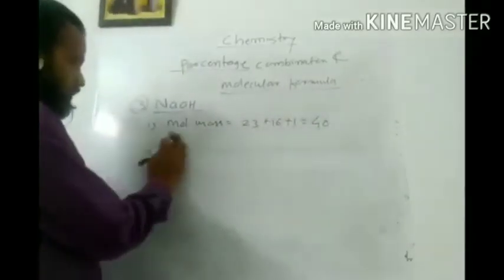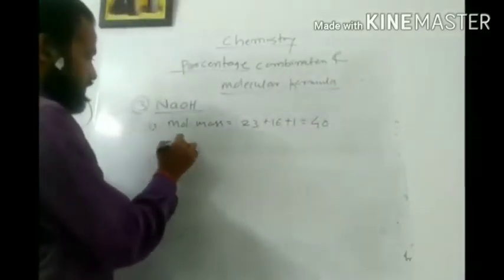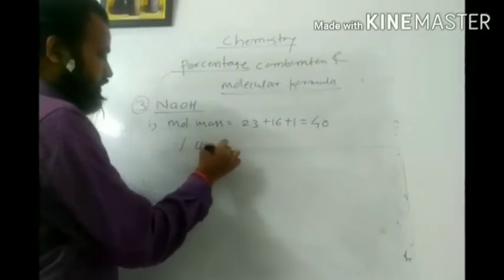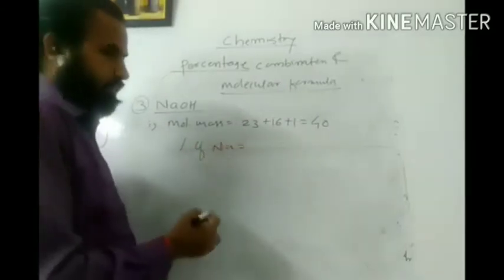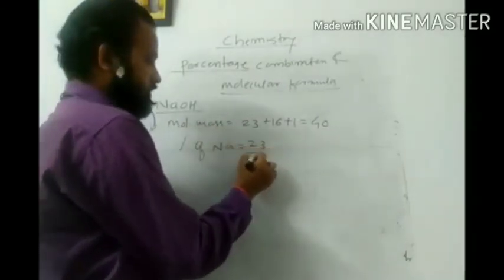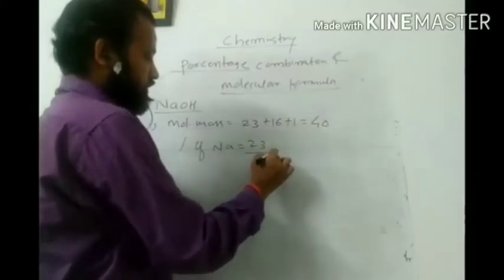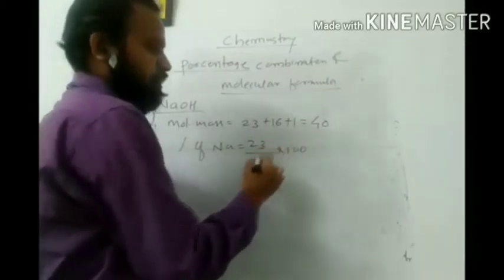As per the formula, firstly we will calculate the percentage of, let us say, sodium. Weight of sodium is 23, total weight of compound is 40, into 100.